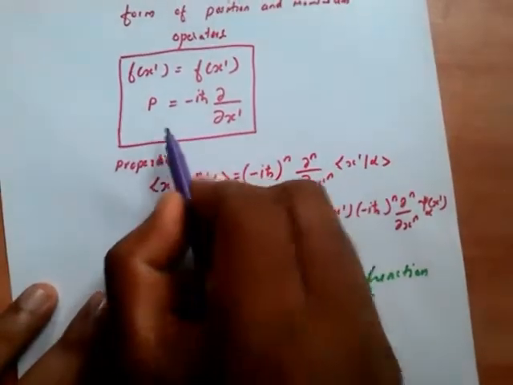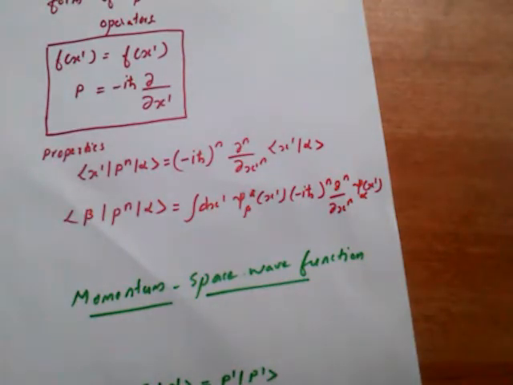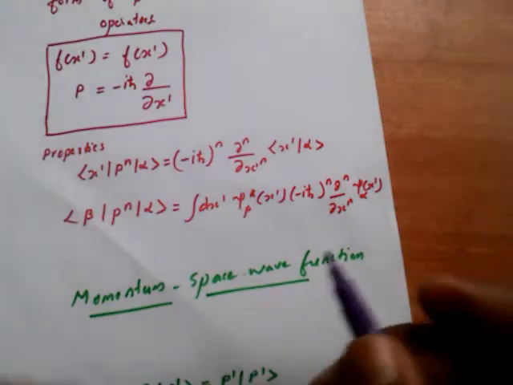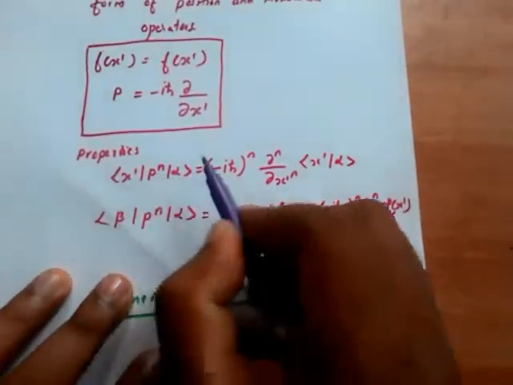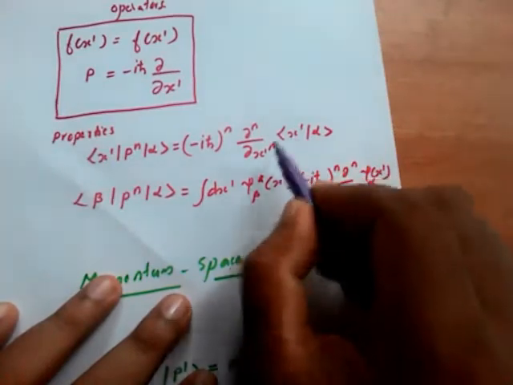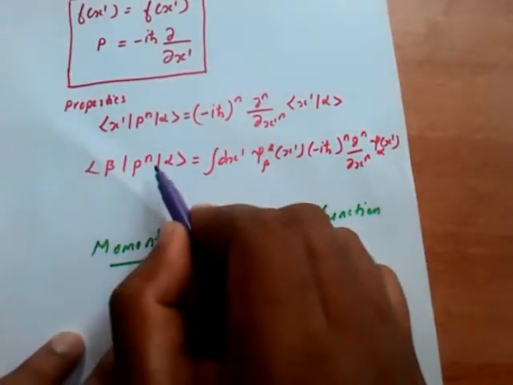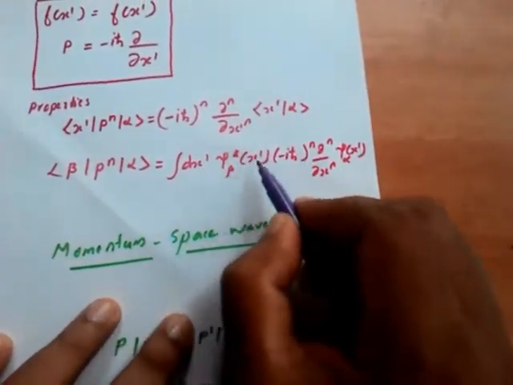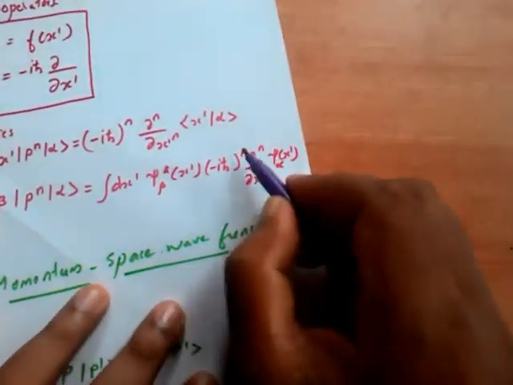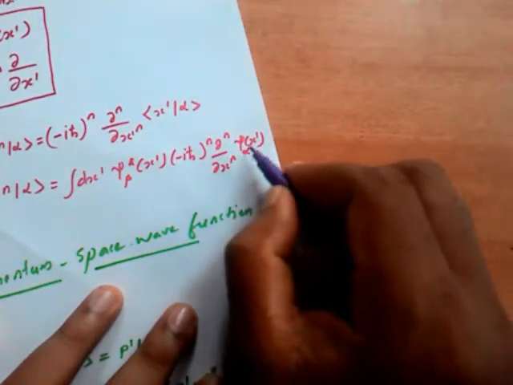Okay, and the properties of this operator are x dash p raised to n alpha equal to minus i h cross whole raised to n dou n divided by dou x dash raised to n of inner product of x dash alpha, and this property beta p raised to n alpha equal to integral dx dash psi beta star of x dash minus i h cross whole raised to n dou n divided by dou x dash raised to n psi alpha of x dash.